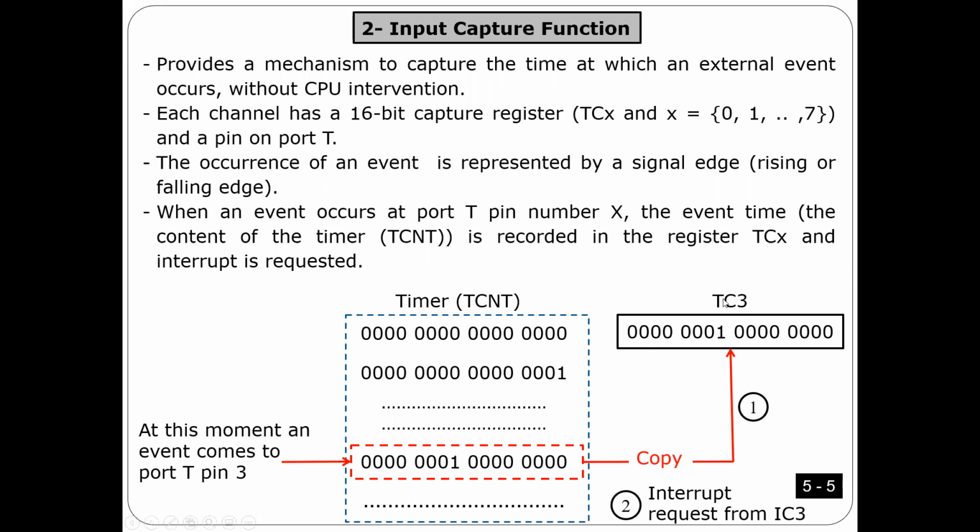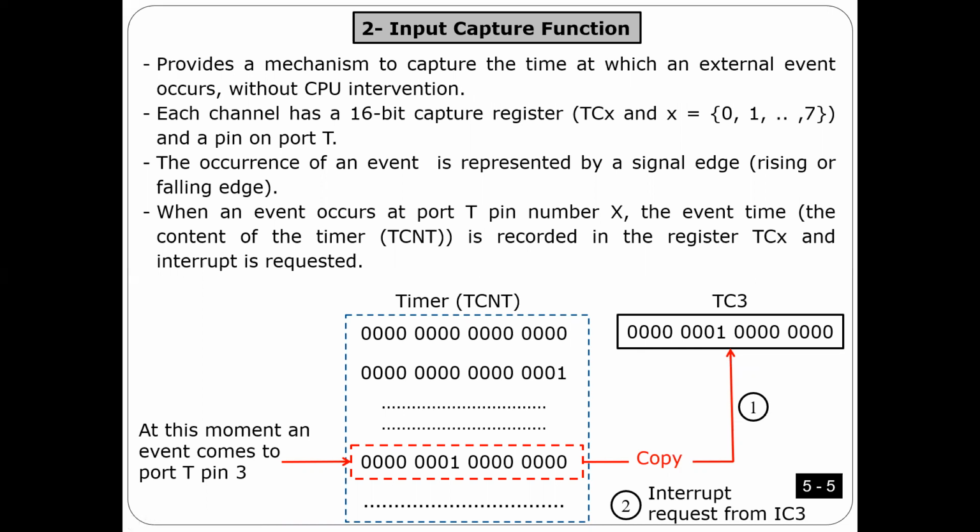So we have 8 TC registers, all of them 16 bits. We have TC0 for channel 0, TC1 for channel 1, and so on. So this is like the time of the event, or the time of the falling edge, right?